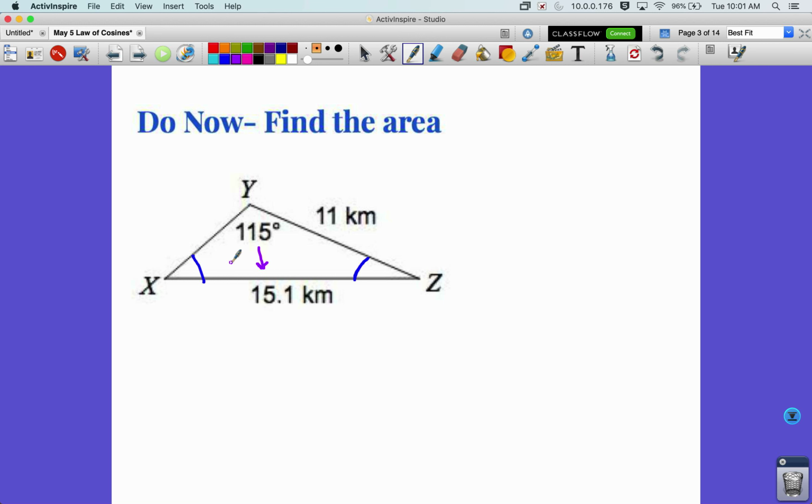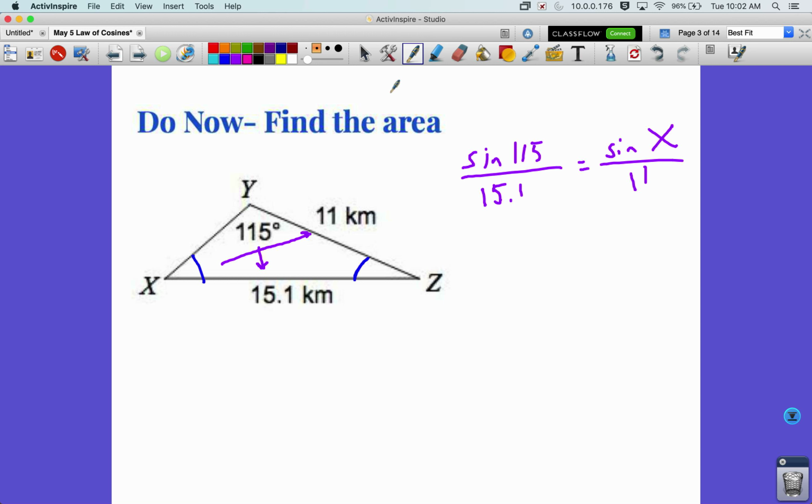That's enough information to set up another relationship between an angle and an opposite side to find that angle. We're solving for an angle, so we want the sine on top. So the sine of 115 over its opposite side of 15.1 is equal to the sine of unknown angle x over its opposite side of 11.